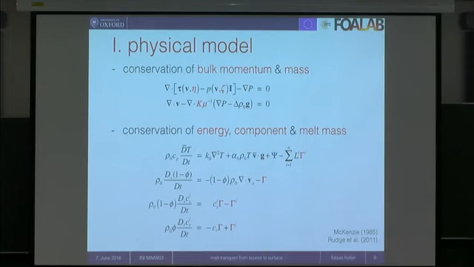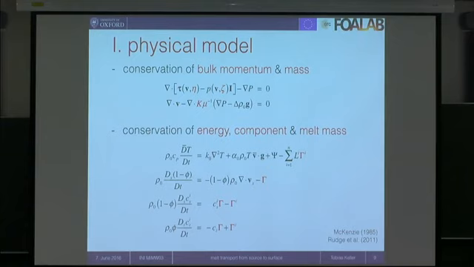And then we have a second system of equations, all of which are time-dependent equations, and they give us the thermochemical evolution that can be coupled by the velocities to the fluid dynamic system on top. You can see that there's the conservation equation for energy, for phase mass, and here we only have to deal with one phase because the second phase is just one minus the first one.